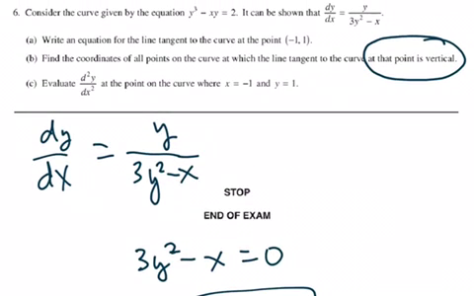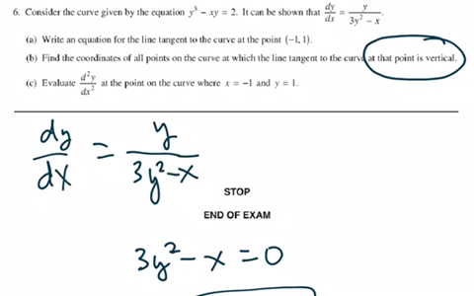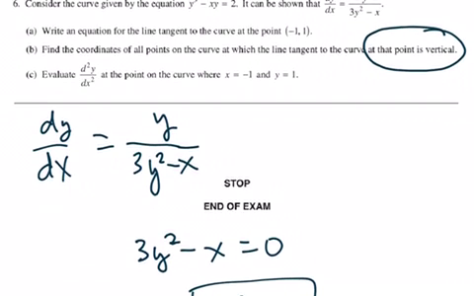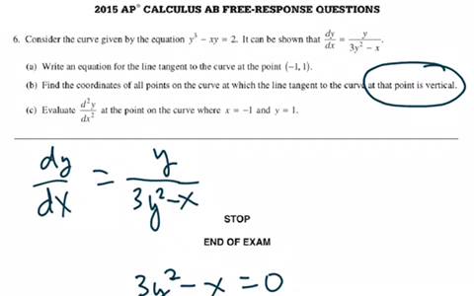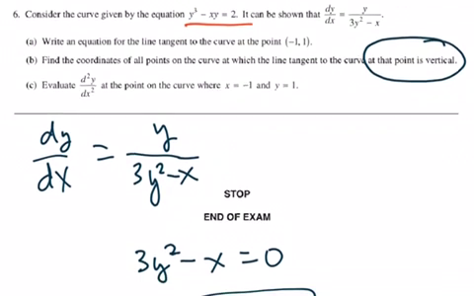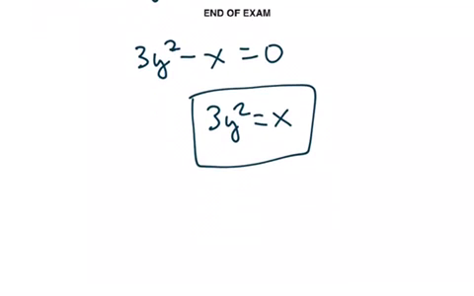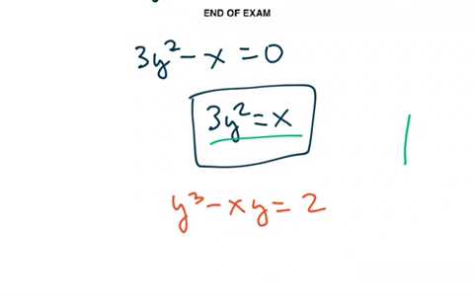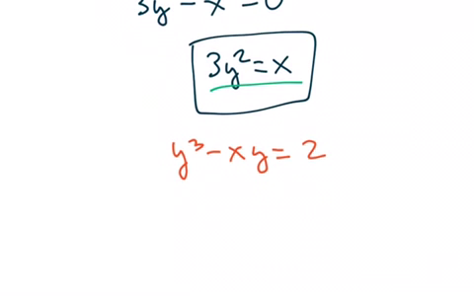So, it says find the coordinates of all points on the curve at which this occurs. So we take the original equation, y cubed minus xy equals 2, and whenever 3y squared equals x, we have the situation where it's going to have an undefined slope. So I'm just going to take this x value and plug in 3y squared.